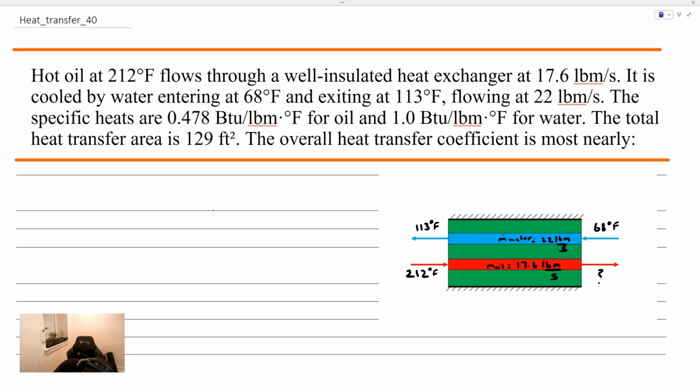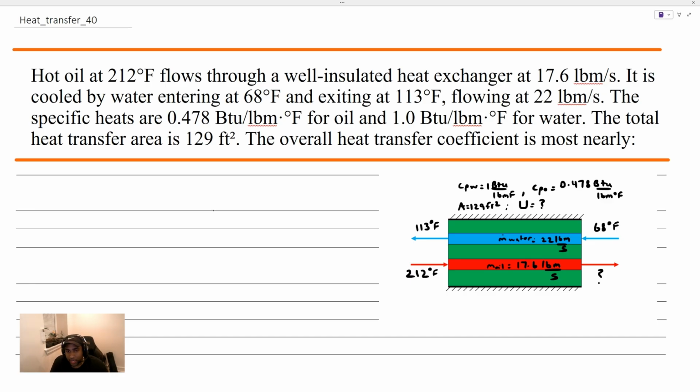The specific heats they're given: Cp of water is 1 BTU per pound mass degree Fahrenheit, and the Cp of that oil is 0.478 BTU per pound mass degree Fahrenheit. And the total heat transfer area, A, is equal to 129 square foot. And we're looking for the overall heat transfer coefficient. Usually that's denoted by variable U.